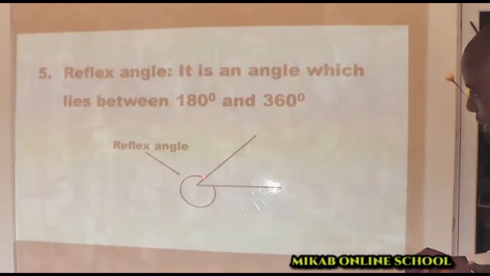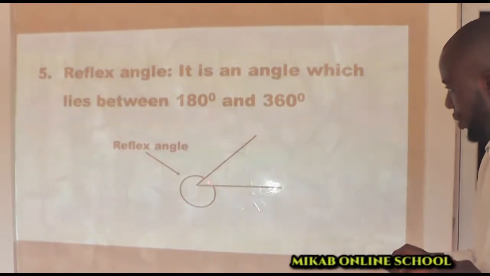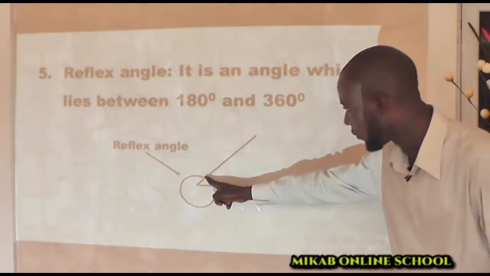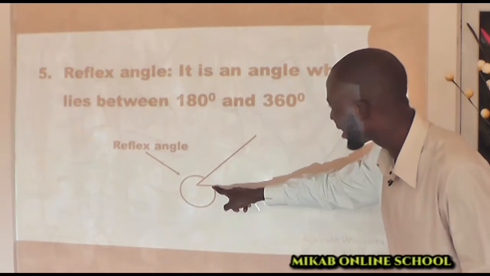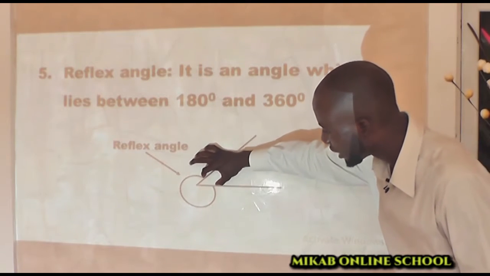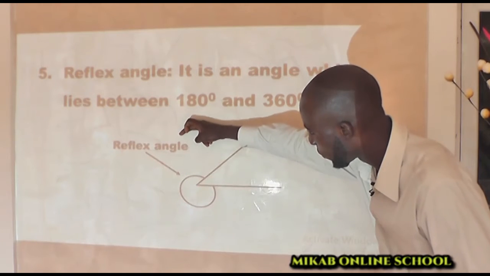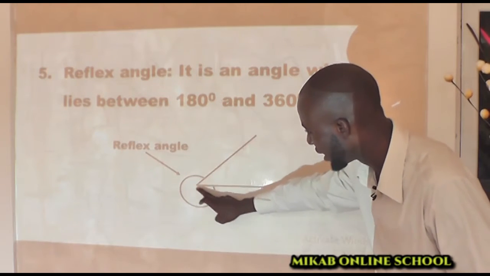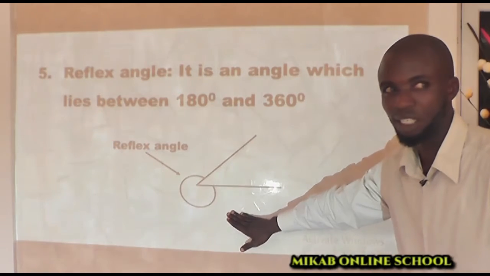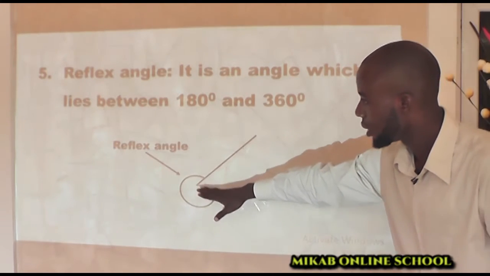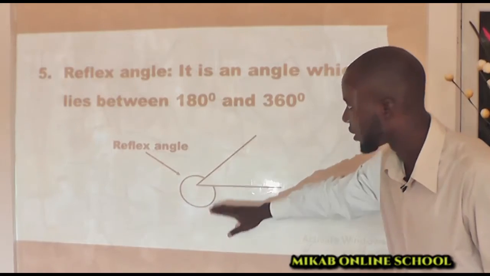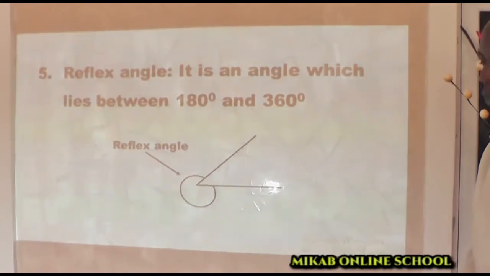The angle is greater than a straight line angle, but less than 360, that is, a complete circle. The angle from this point to this point is less than a complete circle, but greater than 180 degrees. That is why we refer to this kind of angle as a reflex angle.